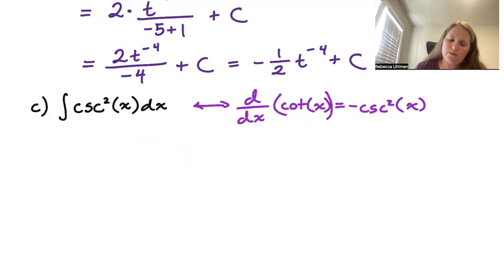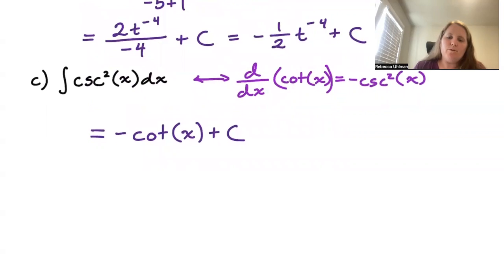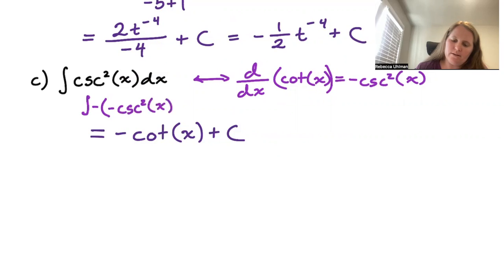So we have that the integral of cosecant squared x dx is just a negative cotangent of x plus c. If you wanted, we could rewrite the in-between integral as the integral of negative cosecant squared x dx, just to see precisely where that negative cotangent comes from.